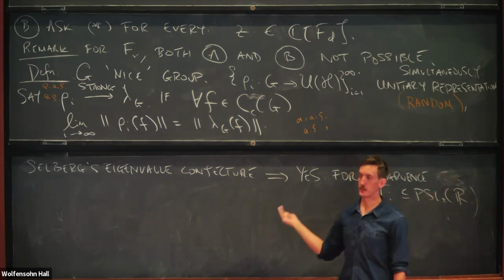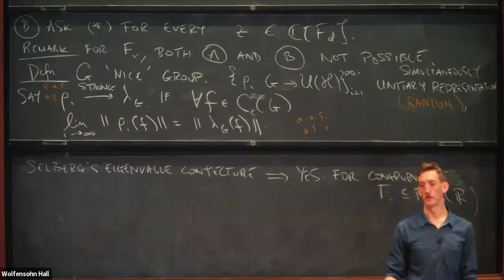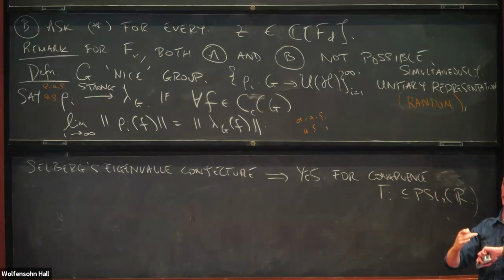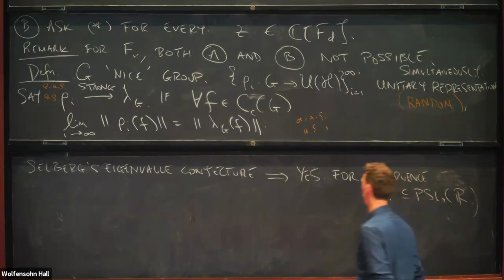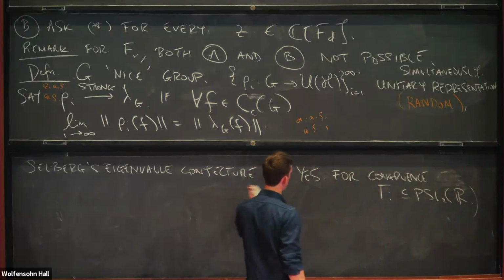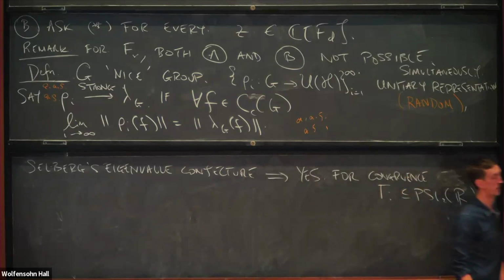In fact, Selberg's eigenvalue conjecture is slightly stronger. It gives you the analog of having the strict inequality rather than the asymptotic inequality. But Selberg's conjecture is not known.